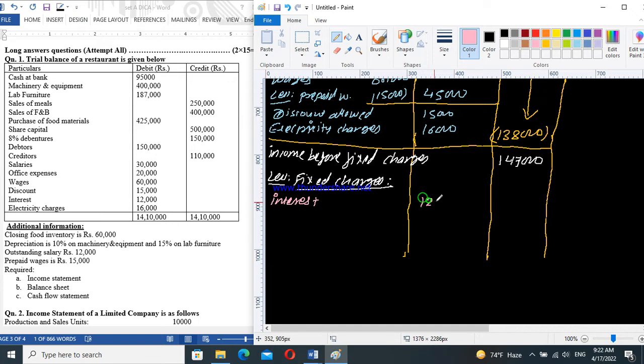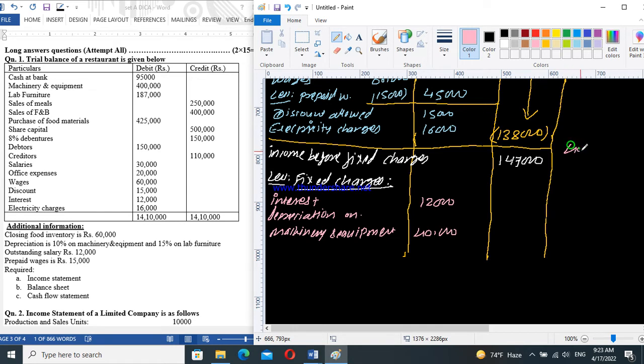Interest is 12,000. Depreciation on plant and equipment, machinery and equipment. The machinery and equipment amount is 4 lakh at 10%, which is 40,000.